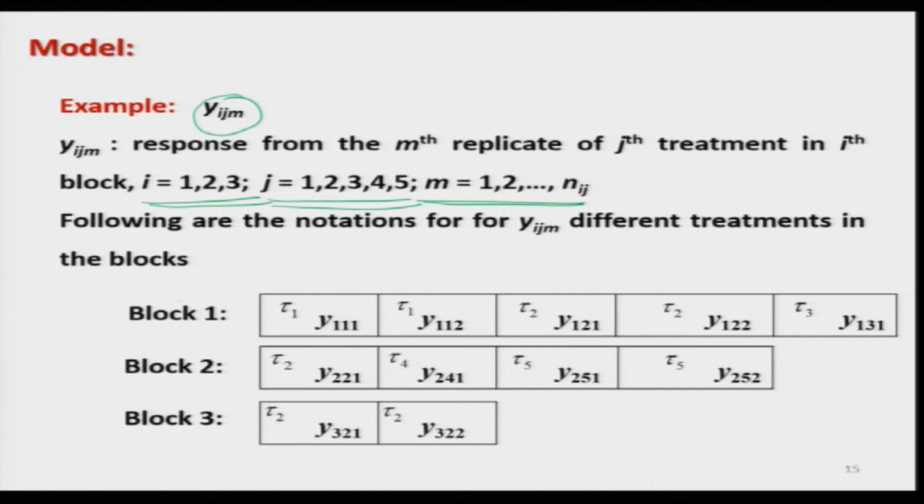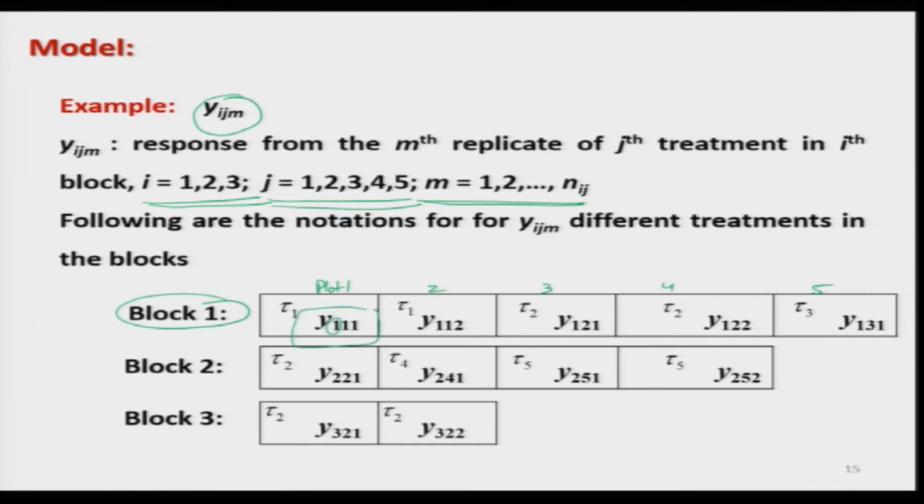So, if you consider block number 1, this is plot number 1, right. I have removed the plot numbers so that things do not become too clumsy to explain. So, consider this Y111.